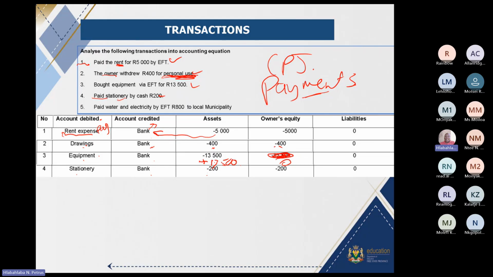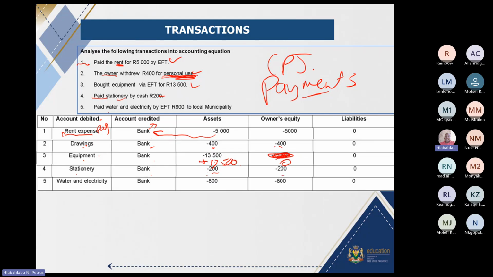The last one is water and electricity, paid by EFT, 800, to the local municipality. It is minus 800 because we are paying the municipality for water and electricity, which affects owner's equity. Why am I saying that? Because we are dealing with payments, the bank will always go to the credit side.